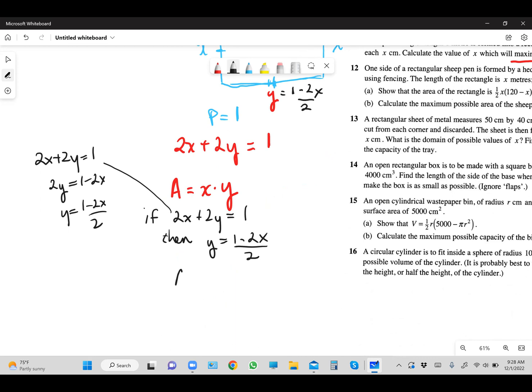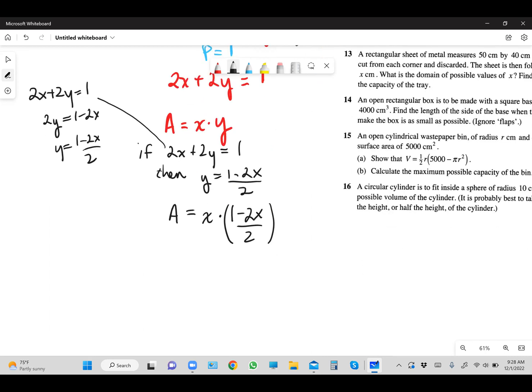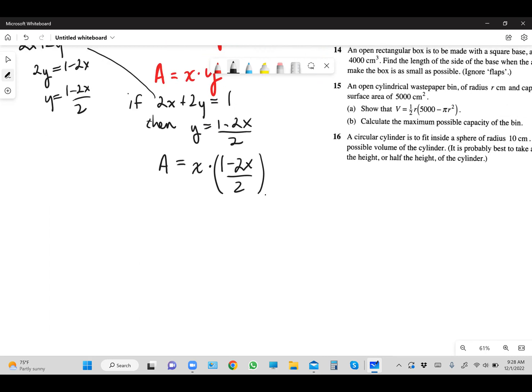We have A equals x times (1 minus 2x) divided by 2. Now, I'm going to go ahead and write this as (x minus 2x squared) divided by 2.